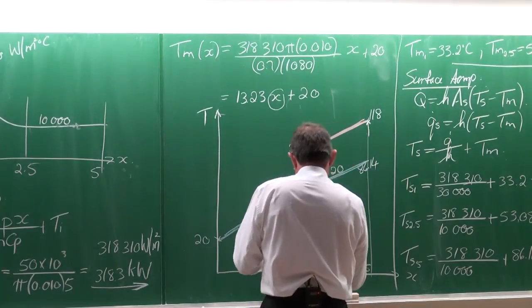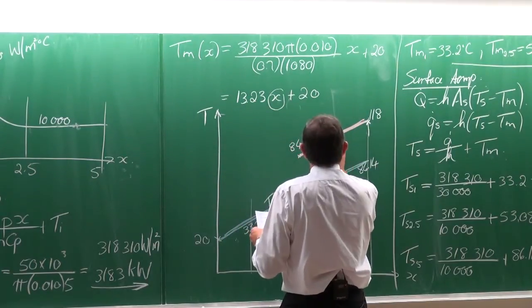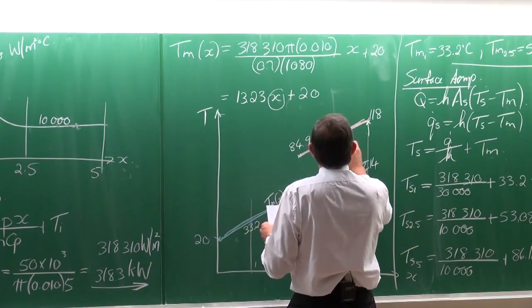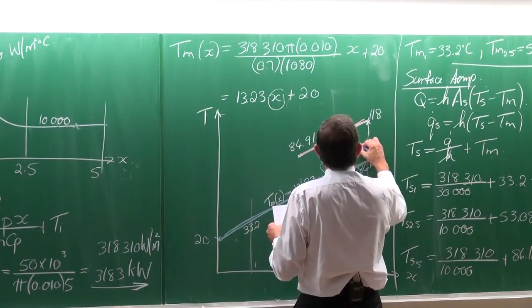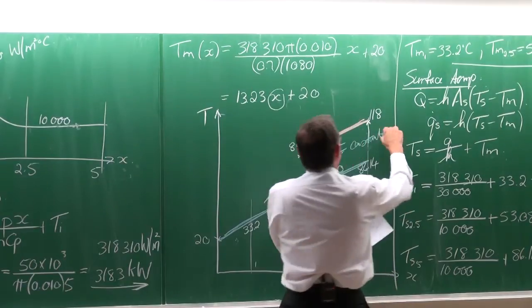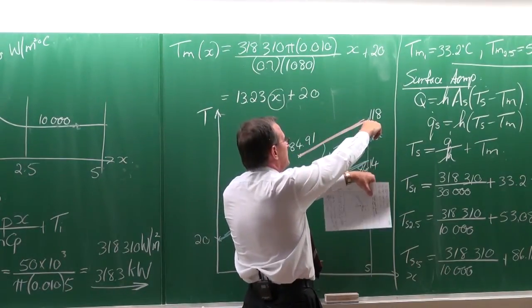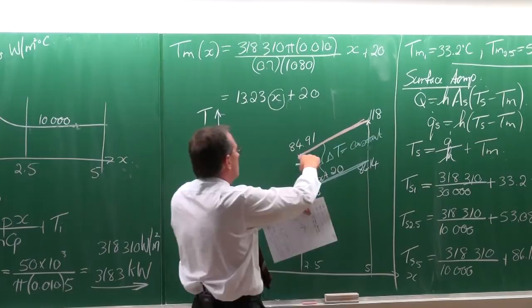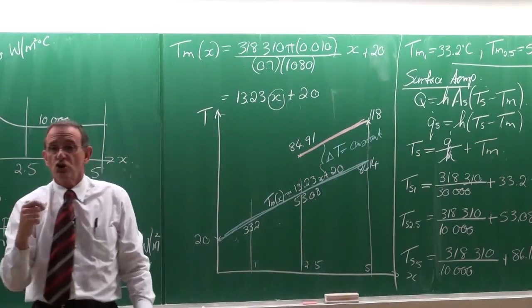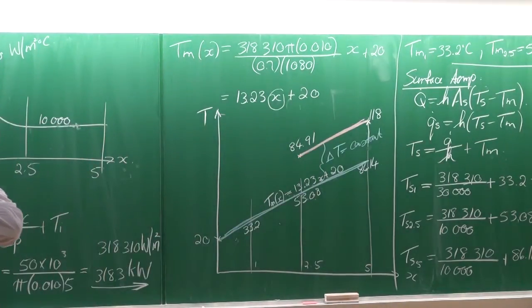And this delta T is constant. The temperature difference between 118 and 86.14 is constant. So the two lines are in parallel with each other.